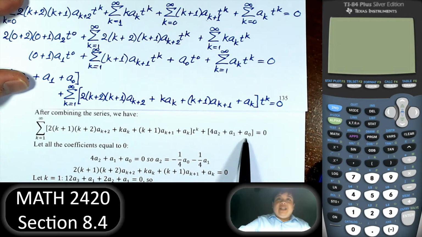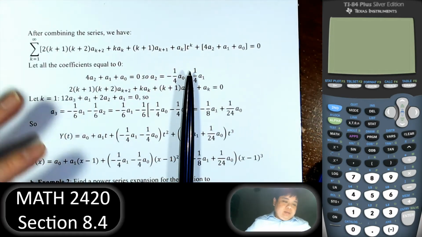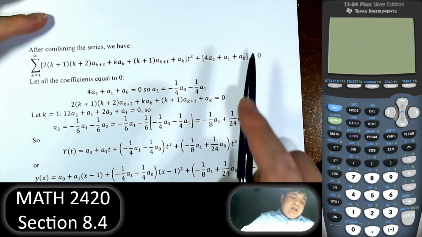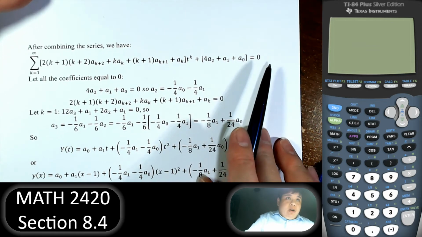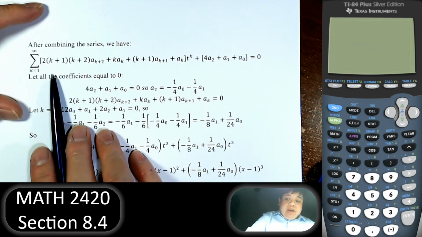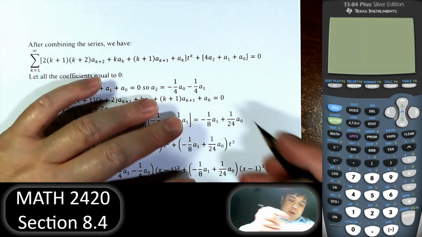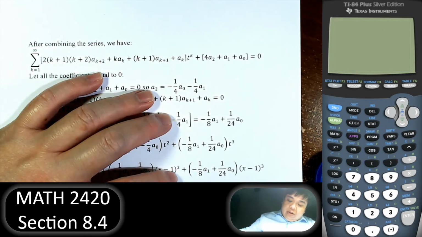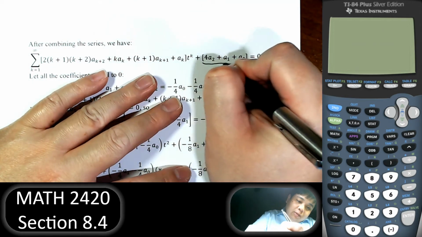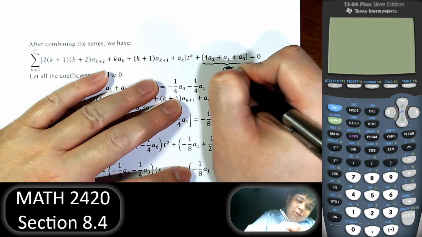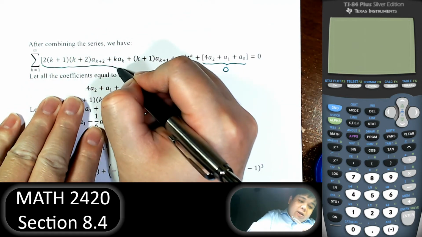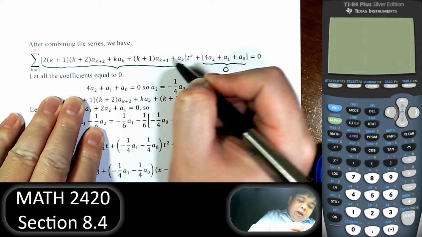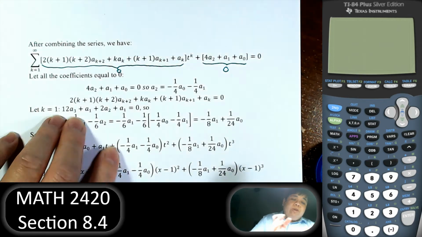Yep, so that's exactly what we have. So if we combine the series, we have this. Now, since we have 0 on the right hand side, every coefficient has to be equal to 0. So meaning this has to be equal to 0, and this has to be equal to 0. So all the coefficients equal 0.